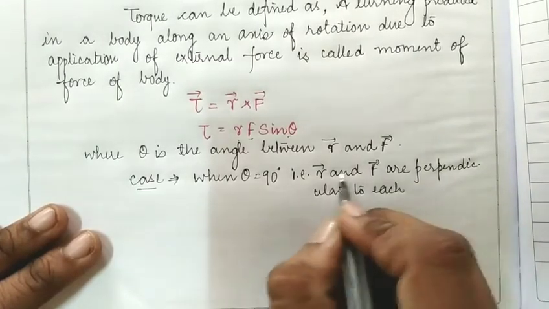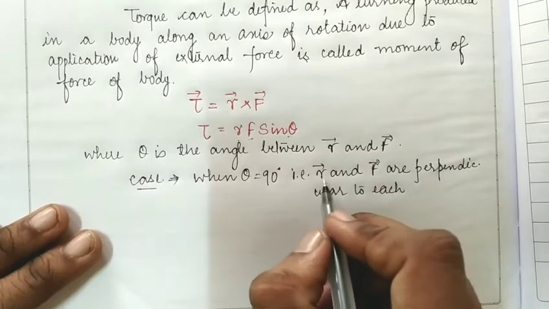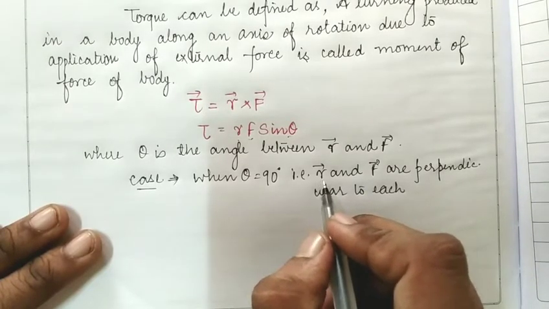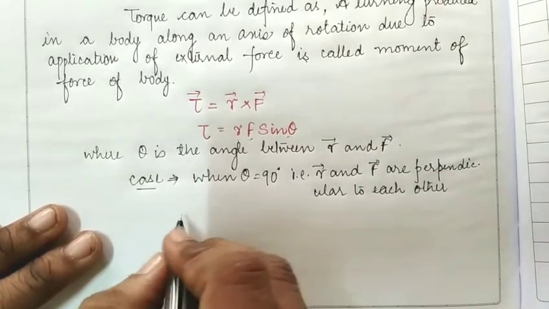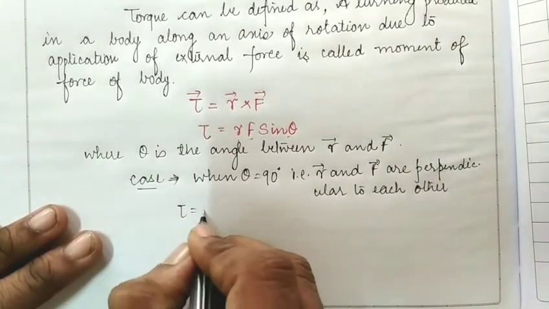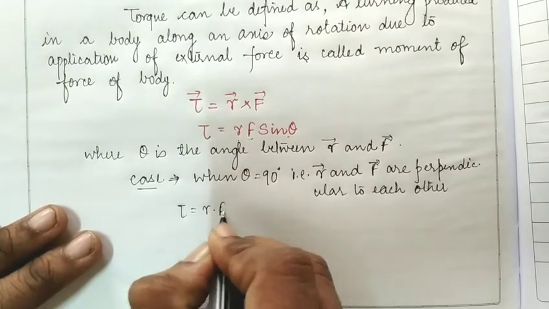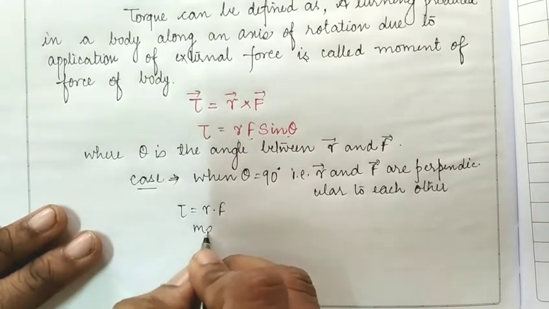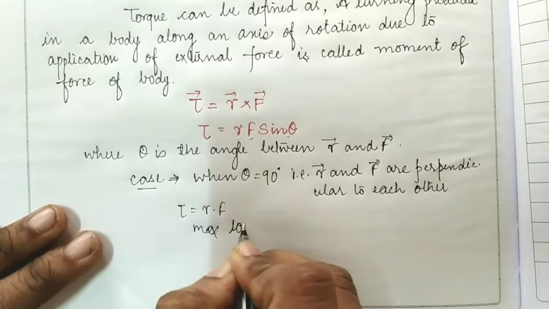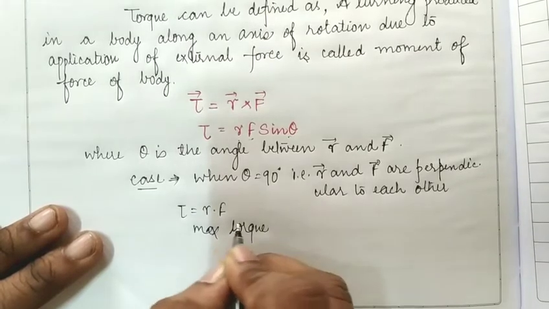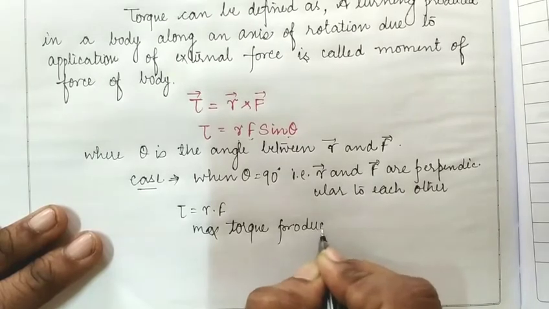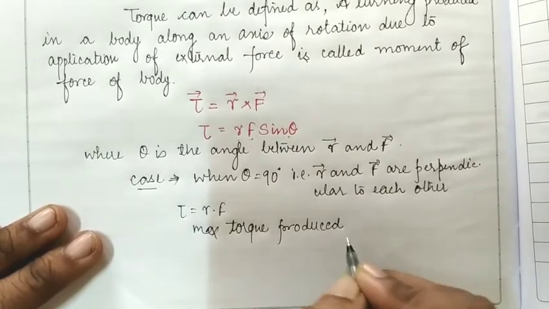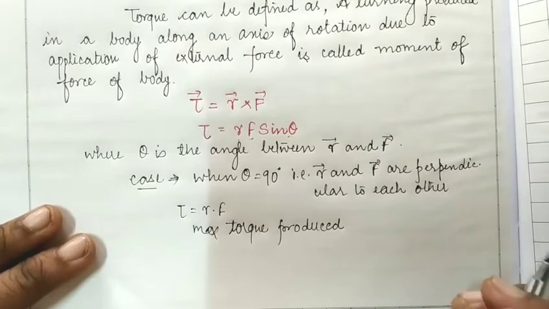Students, if the applied force and the distance from the axis of rotation are perpendicular to each other, then in this condition we will get the maximum torque produced in the body.